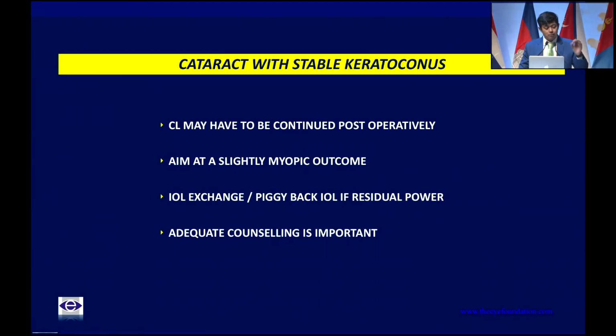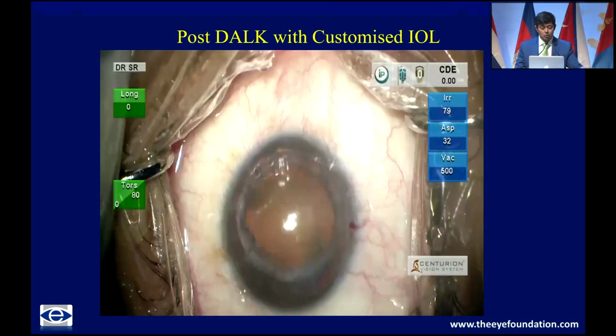Aim at a slightly myopic outcome, give room for either doing a piggyback IOL if the patient has a significant residual error, using some modified formulae for keratoconus like the Kane keratoconus formula, which is definitely improving results even in these keratoconic eyes.